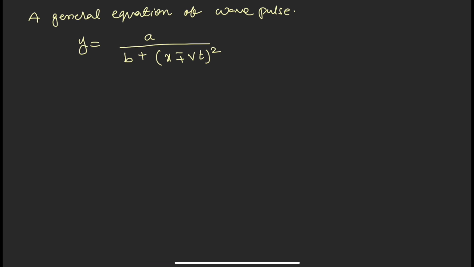Here you want to know about this first one: a and b are constants. These things you need to remember while you are doing problem solving. So this trick you need to follow: a and b are constants.